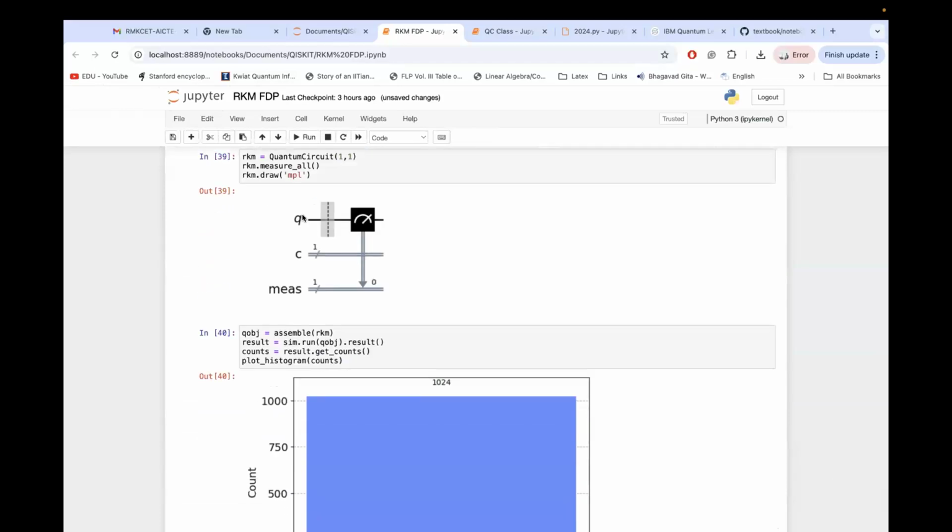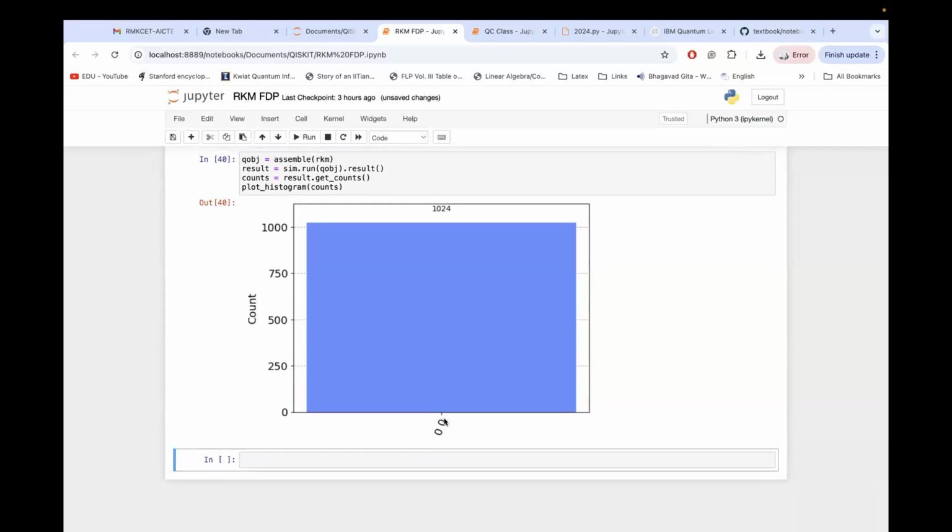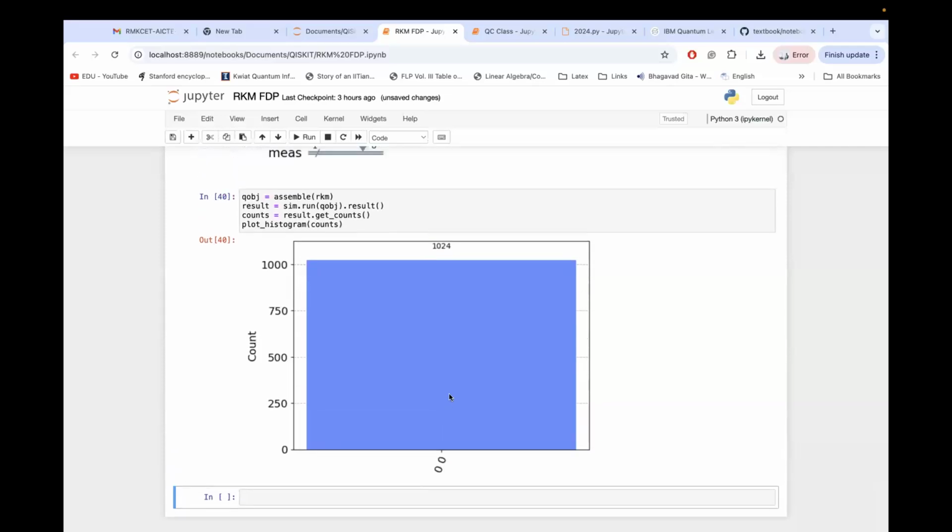Since our quantum state is ket 0, you look here, the state is 0. When we run this, the simulator is going to run the whole thing 1024 times. When you initialize the system, it measures the system 1024 times.